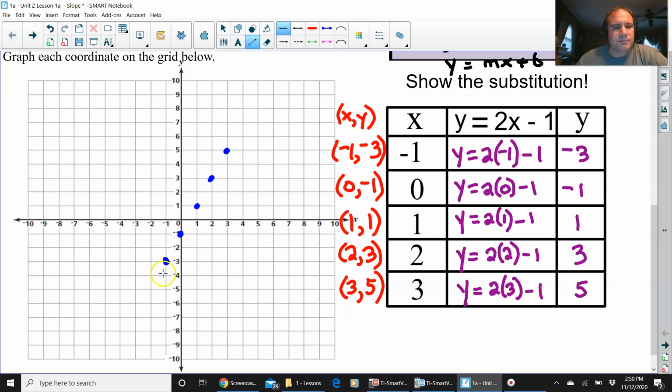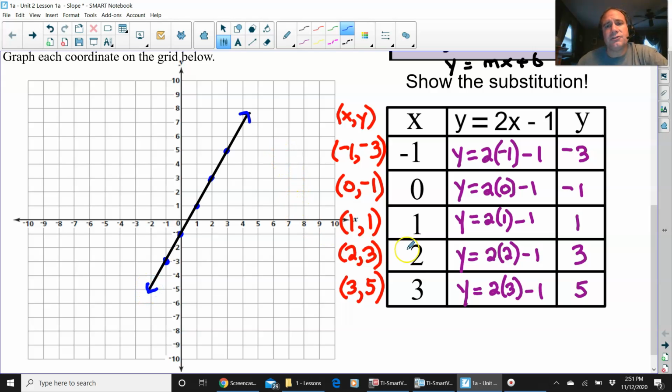Please connect those points with a straight line, a straight edge. Please use a ruler to connect those points. And also, please make your arrows, one arrow there and one arrow there. And that is your graphed line.